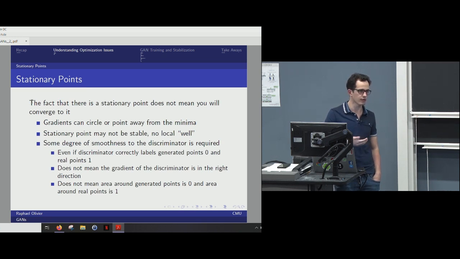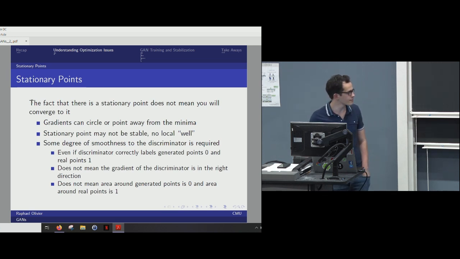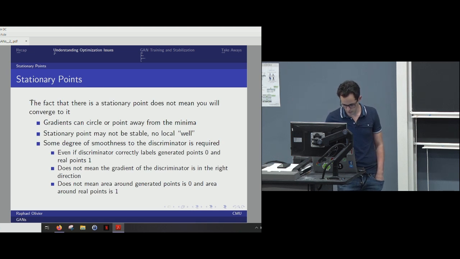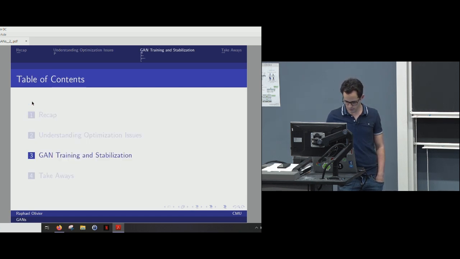If its weights are not getting too large, or if its objective does not enforce that the weights go to infinity, then that may partly solve the problems that you get. Do you have any questions so far? Cool. Then we can get into the really interesting part.